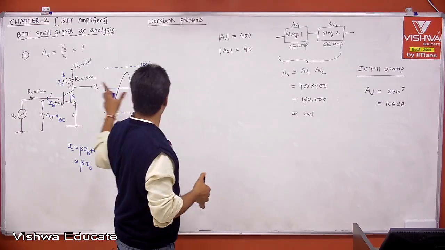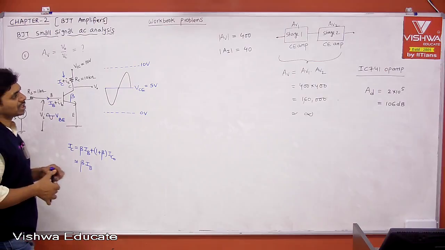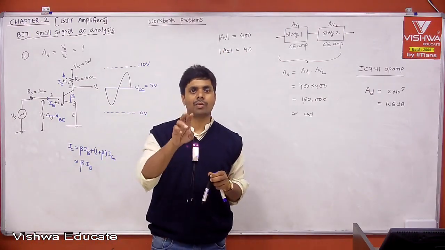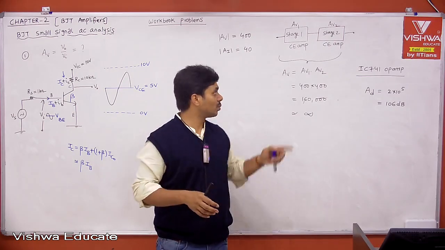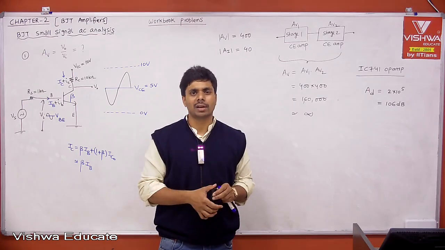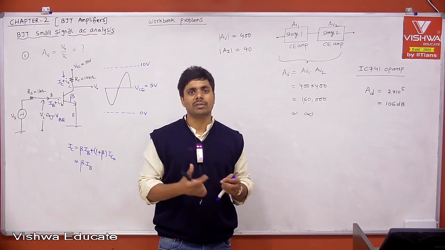But a single stage amplifier, whatever we have seen till now, gives 400. With respect to 2 lakhs, 400 is nothing. But remember that a single stage gain of 400 is responsible for the two stage or multi-stage gain, which is 1,60,000. Therefore, you can consider single stage gain 400 as good gain, because it gives significant gain when you take two stages.